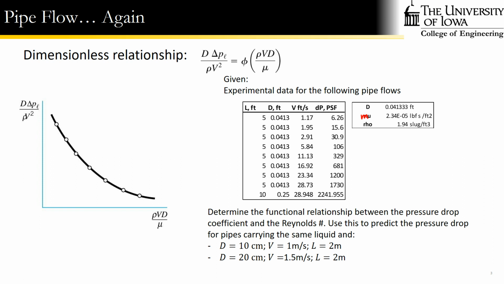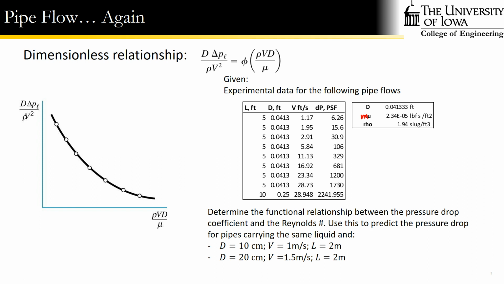And we're given that it's a 5 foot length pipe, with a given diameter, different flow velocities, and someone measured pressure at each end of this 5 foot length of pipe, and gave us the pressure drop. Similarly, for one-off case, double the length of the pipe, and bump the diameter up.